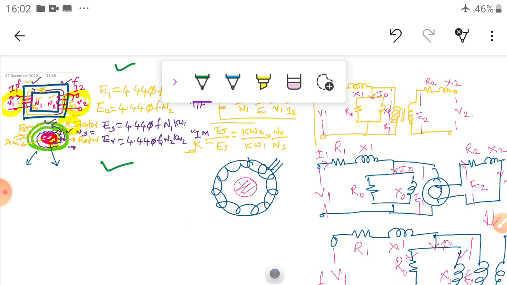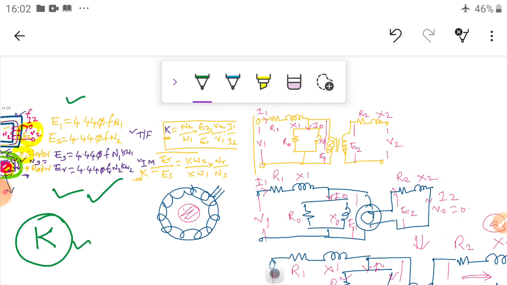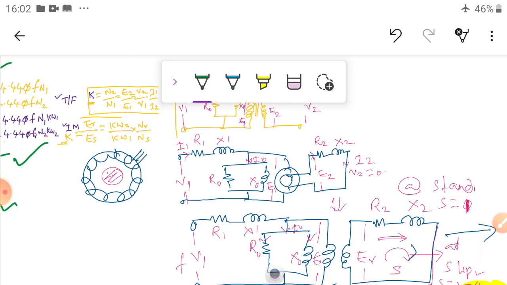So based on this we calculated the EMF induced in the primary side and secondary side. From that we calculated the K values, transformation values, and based on the transformer values we calculated the inductance of both sides.